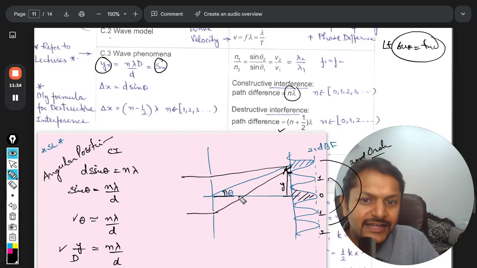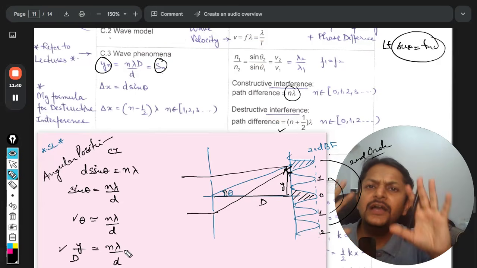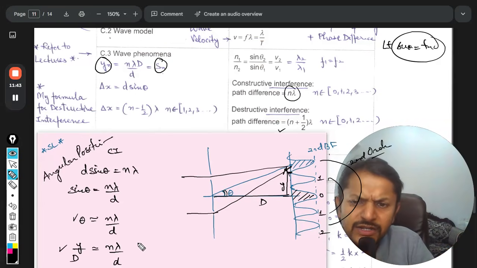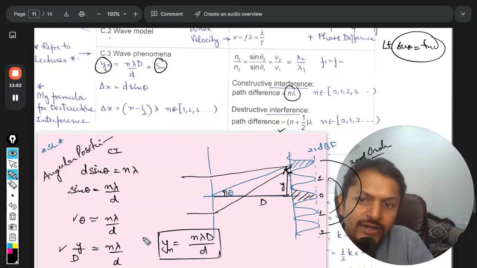So I've taken tangent theta from this big triangle as y divided by D, and equated it with sine theta. If you are not able to understand, don't go into that much detail. y_n is equal to n lambda capital D divided by small d. This is another formula that you have to consider.